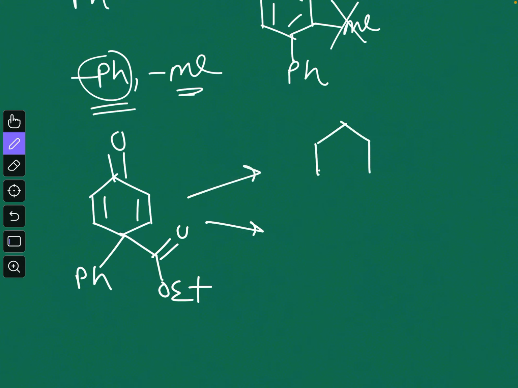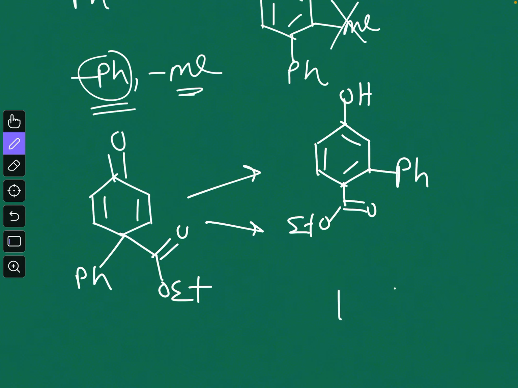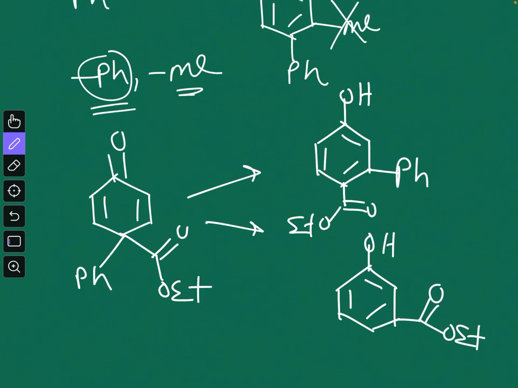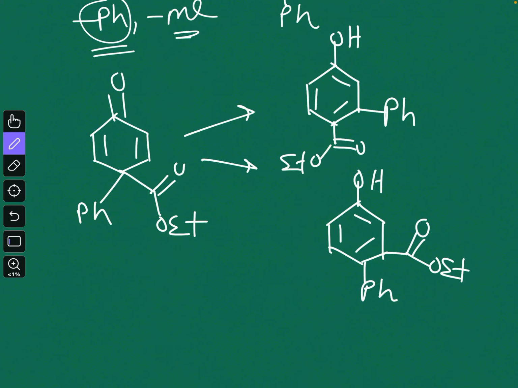Either your phenyl can migrate to give you this product, or another product may be this one, where your ester group migrates and you have the phenyl group in the initial position. So these two can happen.